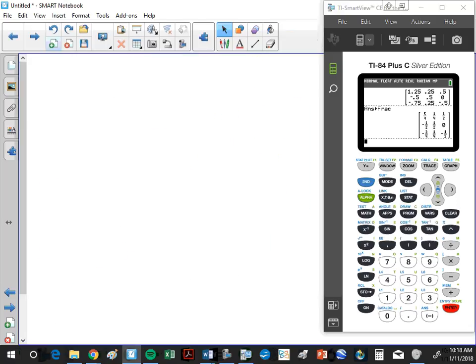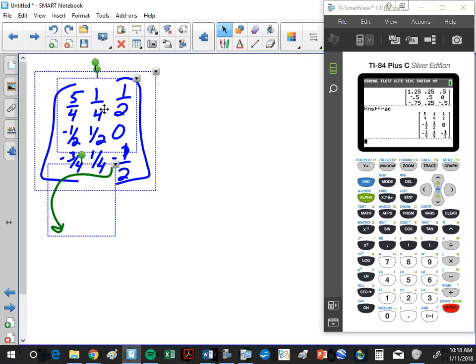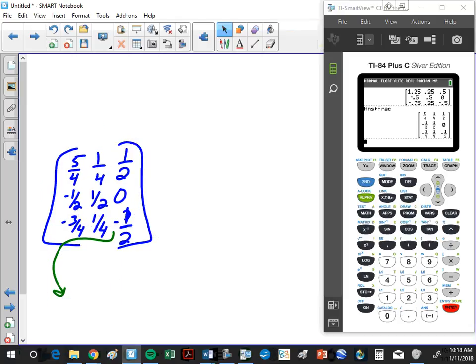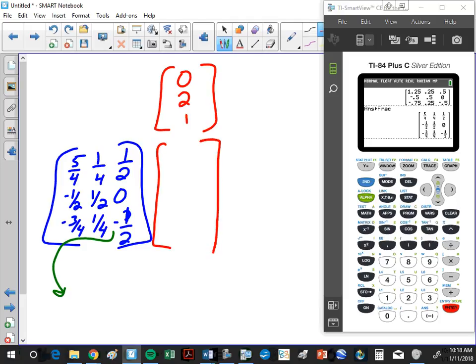So I need to multiply this by, what was the answer matrix? 0, 2, and 1. So this is going to be a 3 by 1 matrix.